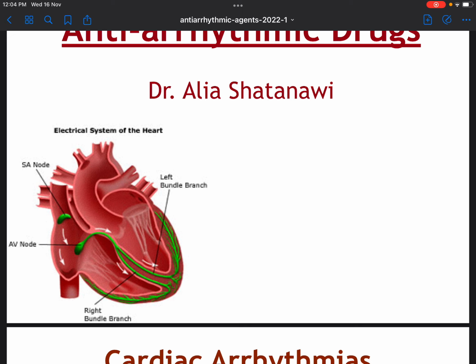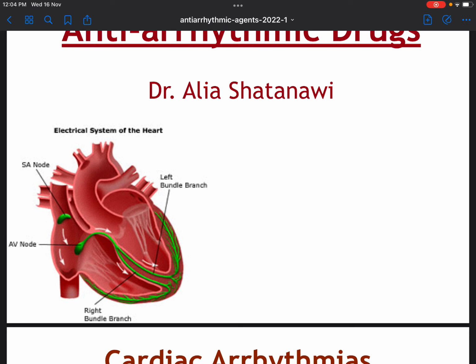Introduce it to you. Did you learn about arrhythmia in physiology? No, next lecture? Okay. Well, so what did you learn so far in physiology? Conduction system, AV bundle. So we have these here. You see, what is this? So this is the SA node.